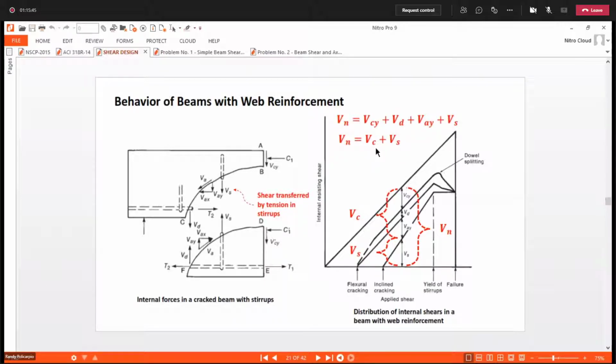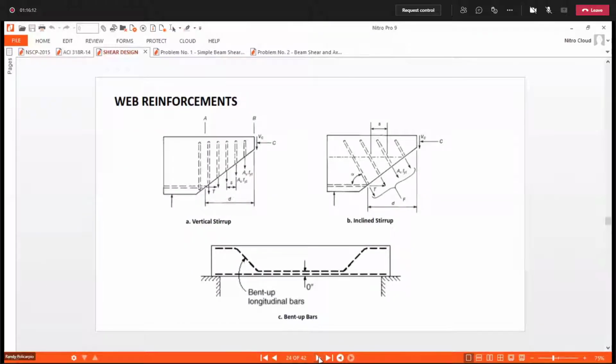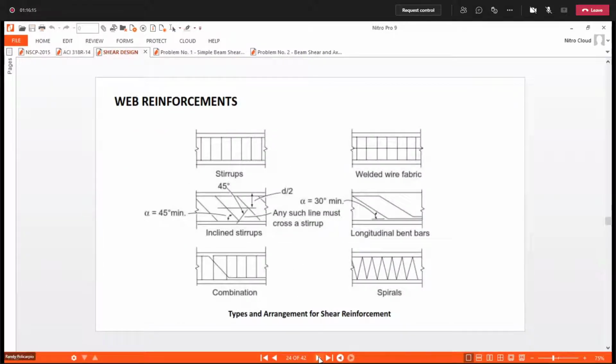Now our Vc is equal to Vcy plus Vd plus Vay. These values are theoretical values. What ACI did was recommend values for Vc that conform to the tests.